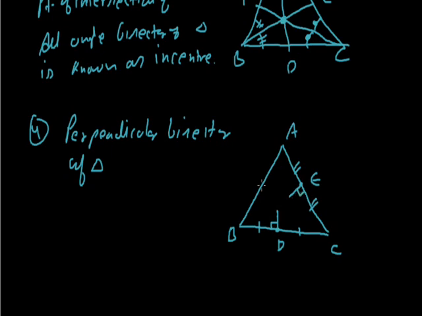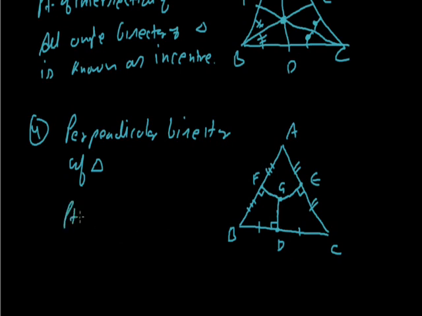This is a perpendicular bisector. Let F be the midpoint of AB, and from this point I draw a perpendicular. Where all the perpendiculars meet, this point is known as the circumcenter of the triangle.